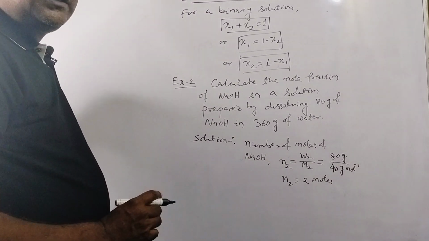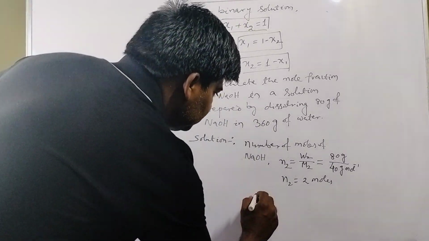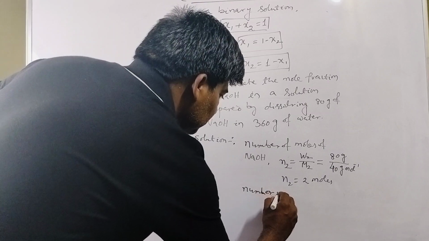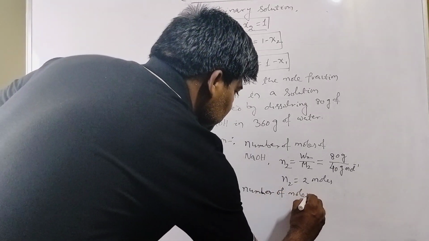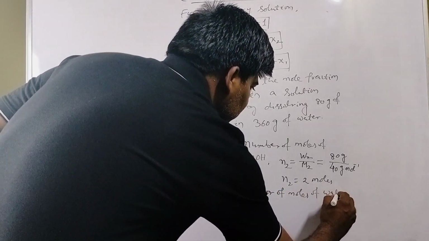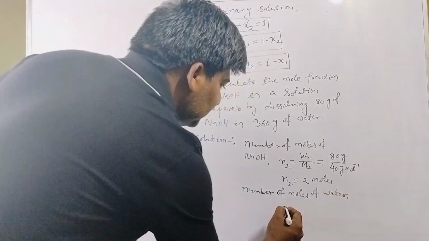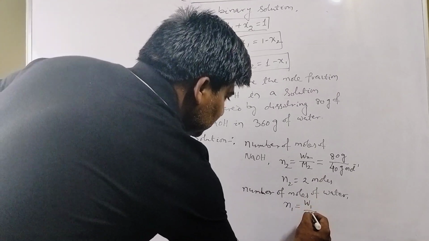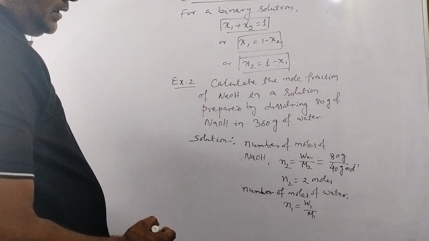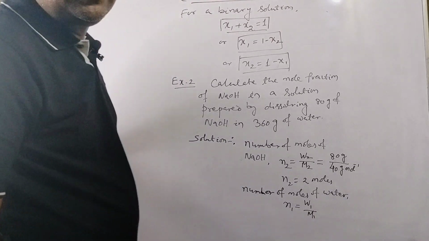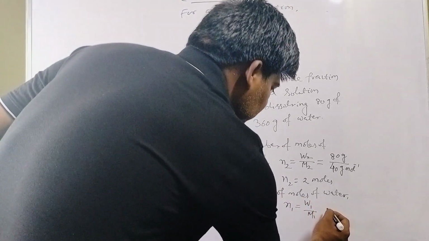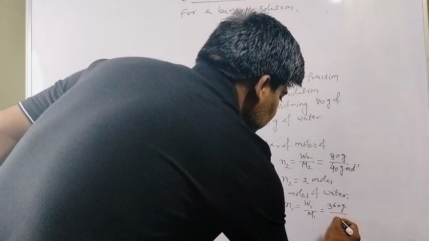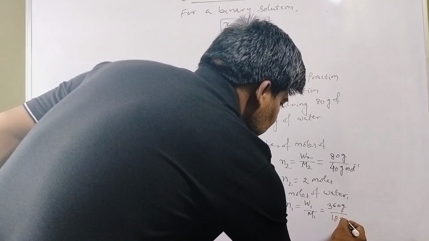Like this we can calculate the number of moles of water also. Number of moles of water is given by n1 is equal to W1 by M1. W1 is the given mass of water and M1 is the molar mass of water, that is 360 gram by 18 gram per mole.